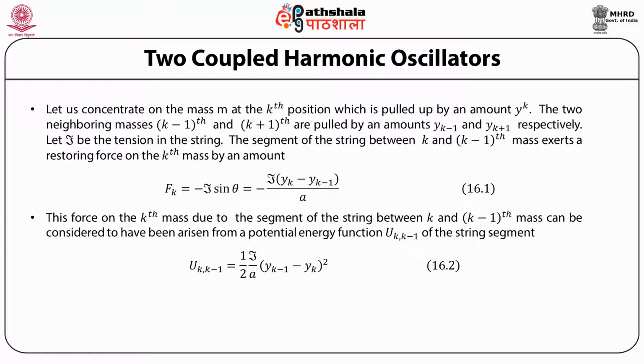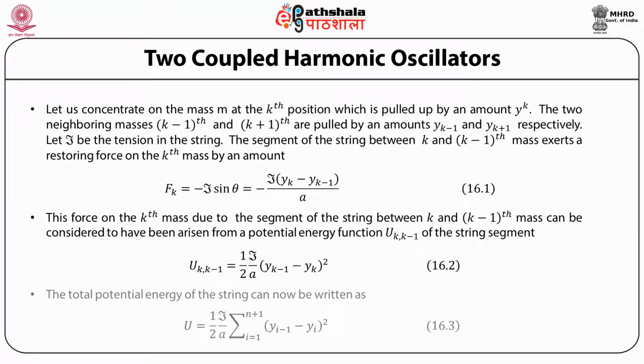So U_(k,k-1) can be written as half the tension T by a multiplied by (y_(k-1) minus y_k) whole square. If you take the derivative of this, then you can see that we obtain the right force. Thus the total potential energy of this string can now be written as U equal to half the tension in the string divided by a, sigma over i equal to 1 to n plus 1, (y_i minus y_(i-1)) whole square.